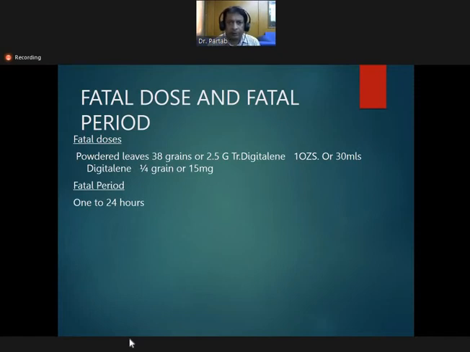The fatal period, that is the time after intoxication in which death could occur, is 1 to 24 hours for digitalis, digitoxin, and all these glycosides, digitalin, digitonin, all these poisons.